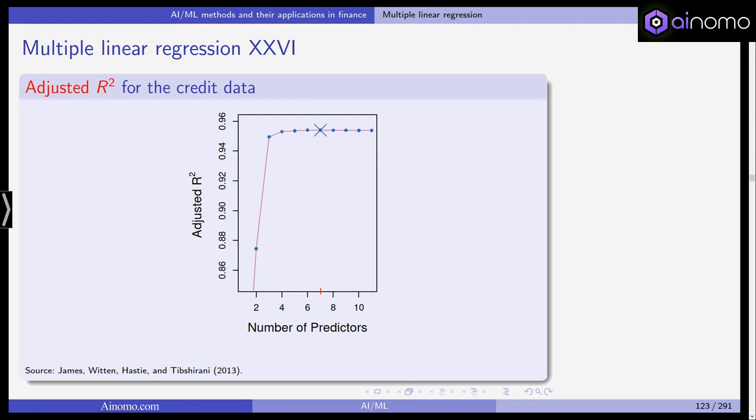Actually we could have already stopped here, maybe with 4 or even 5 predictors, and including additional predictors doesn't help us in explaining the variation in our response variable. So this is important now. In multiple linear regressions, use the adjusted R-squared rather than the R-squared.